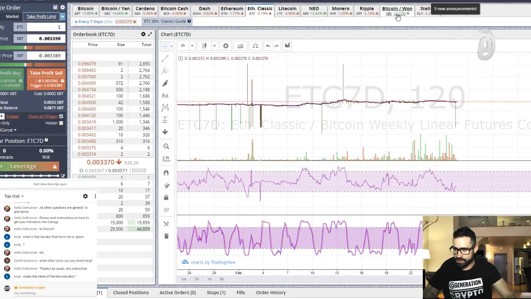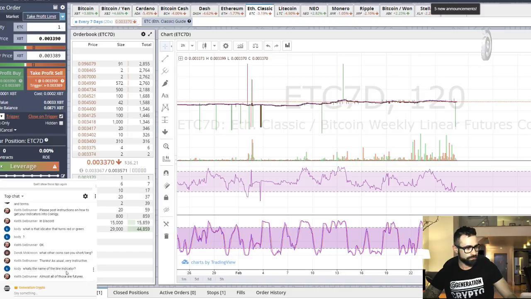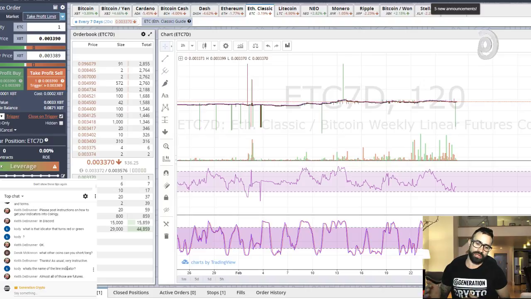I think this is just testnet, and then Stellar. They're all futures, but all these futures can be settled at any time. They're also like an XBT perpetual swap. So that Ether Classic 7-day future, I can close out today.